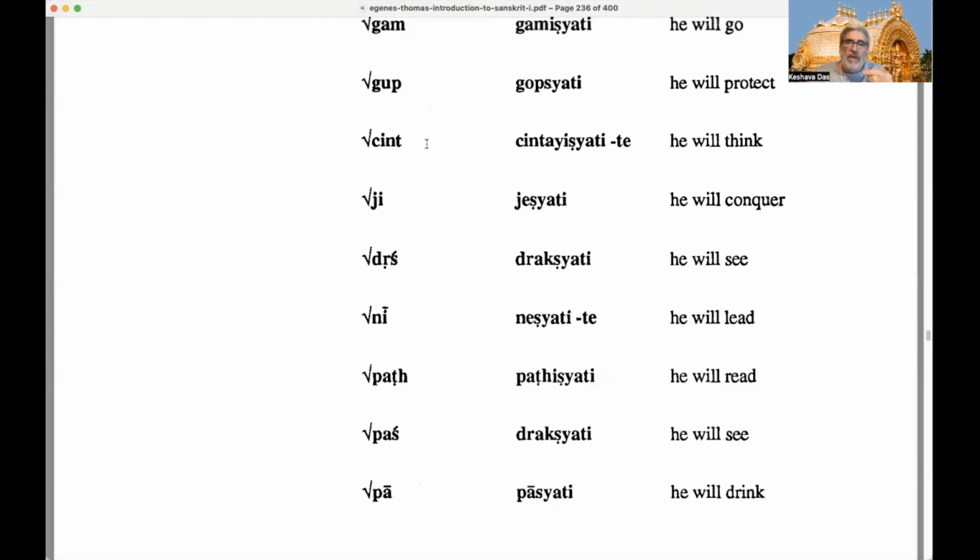Or it can also be chintate, chintete, chintante. So just like we have bhavati and labhate, those two words. It's ubhayapada. It can take both endings. But that doesn't really mean anything until we get to the end of the process. So chint is the root.